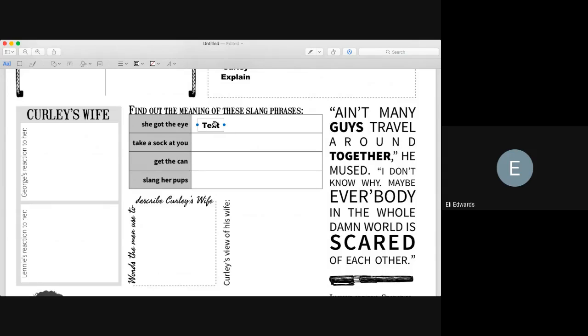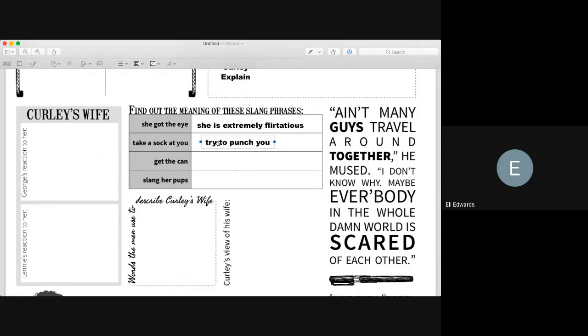We have some slang terms in this chapter. At one point, it says she got the eye. "I saw her giving Slim the eye." She does literally have eyeballs, but it also means something else. It means she is extremely flirtatious. "Take a sock at you" means try to punch you.